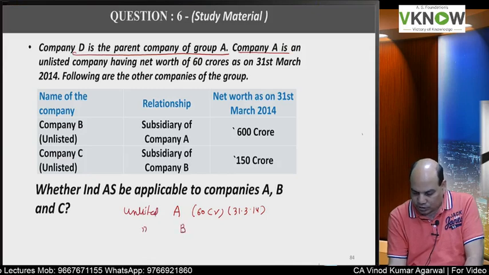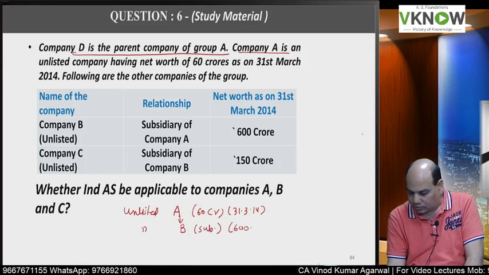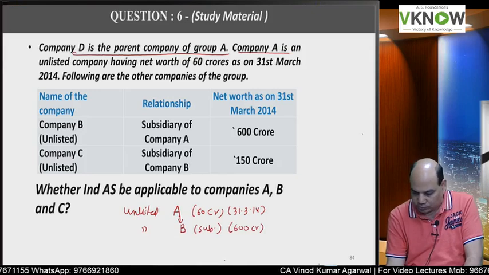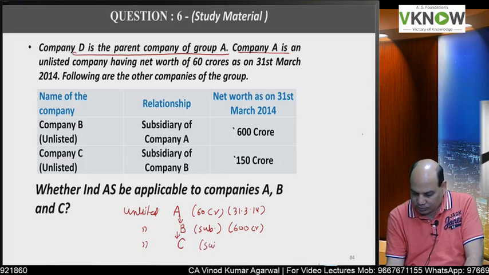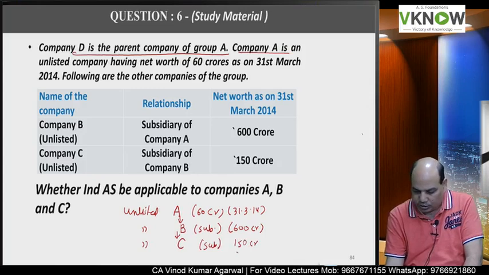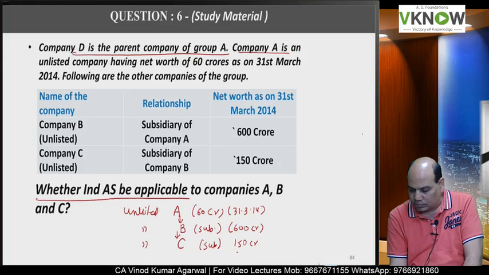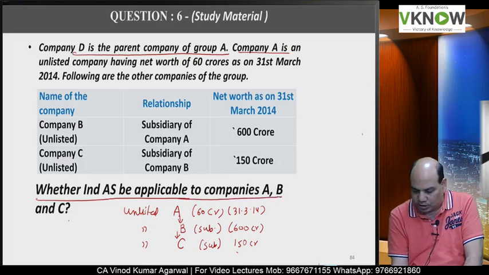B is also unlisted. It is a subsidiary of A, and its net worth is 600 crore. Then another company C, unlisted, is a subsidiary of B. Net worth is 150 crore. Whether Ind AS will be applicable to companies A, B and C.